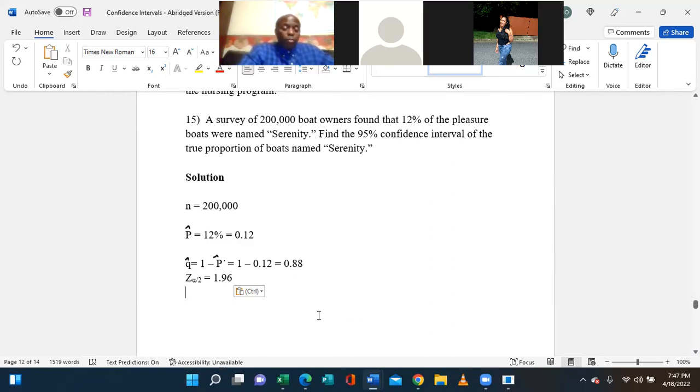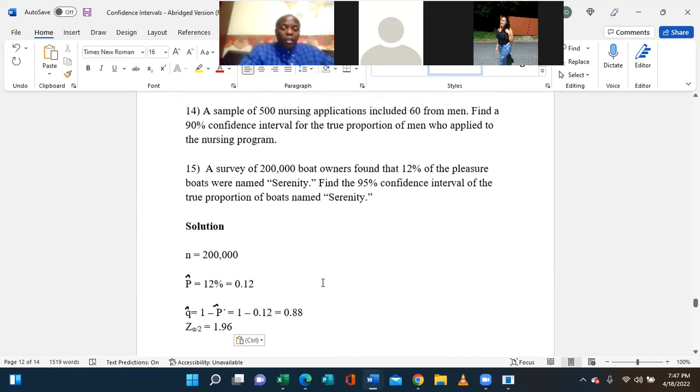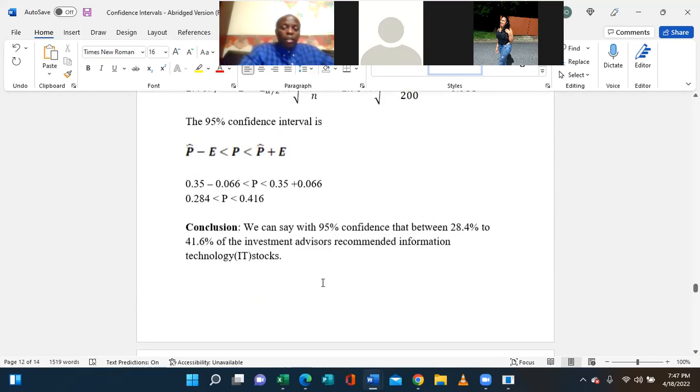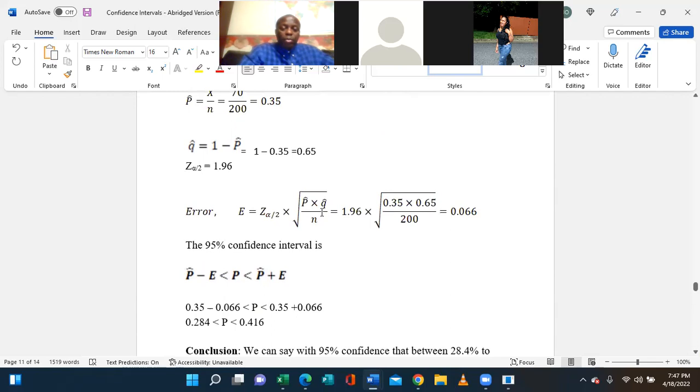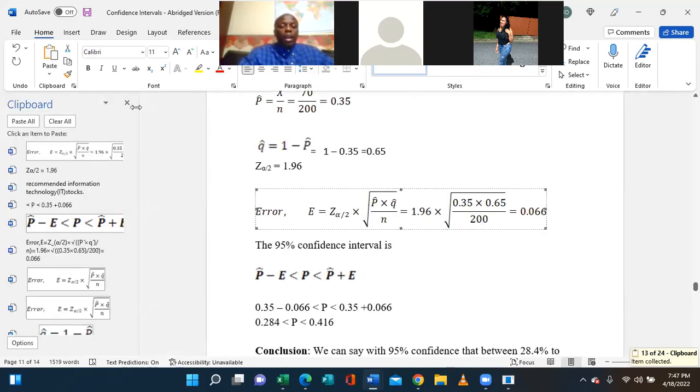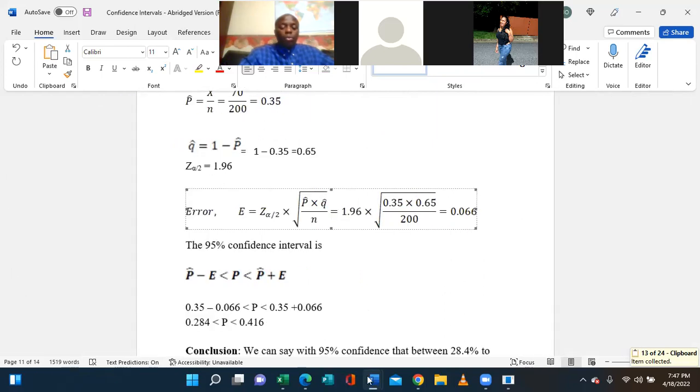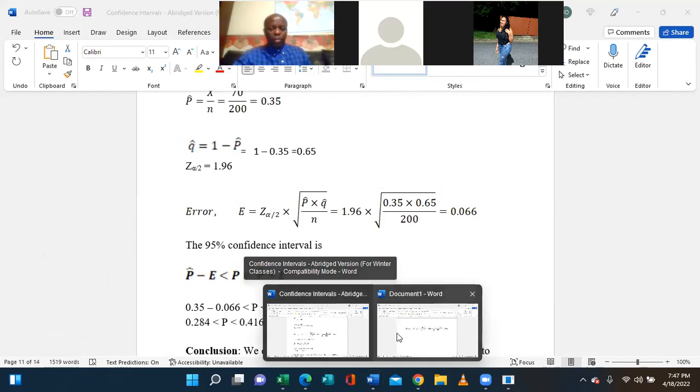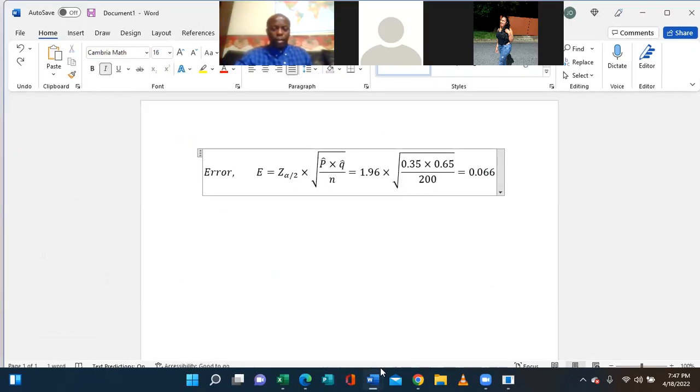Now, with this, we are ready to calculate the error margin. Here's the formula we use for error margin, the same formula. I'm going to paste this in our other workbook so that we can make an estimate of it and get our error margin. 1.96 is good.